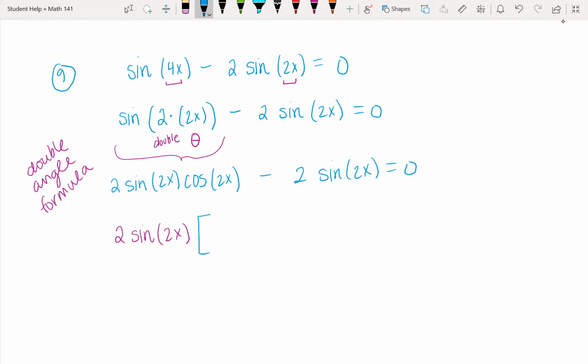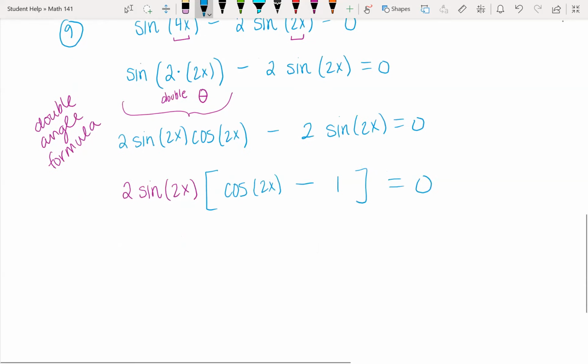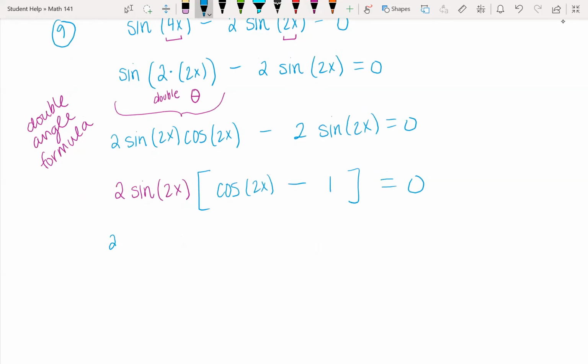And then I'm left with cosine of 2x minus 1. And then I can split these into two separate equations. I have either 2 sine of 2x equals 0 or cosine of 2x minus 1 equals 0.